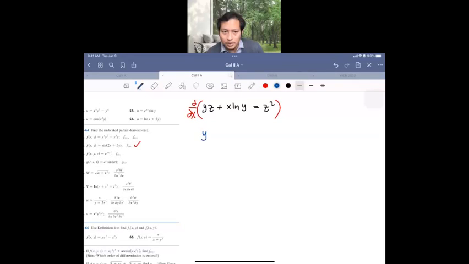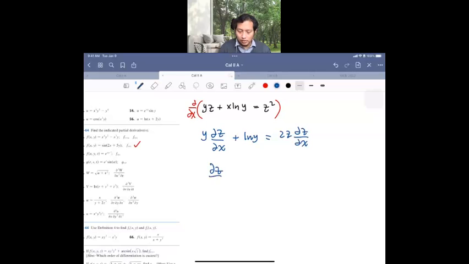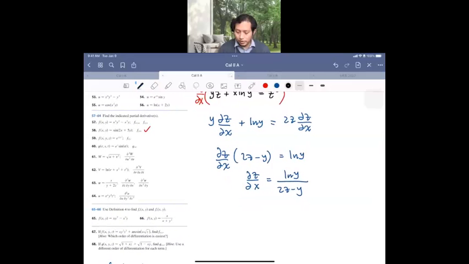So this becomes y ∂z/∂x, and this becomes ln y, plus ln y, and this becomes 2z ∂z/∂x, and we can put the 2z minus y equal ln y, and then ∂z/∂x becomes ln y over 2z minus y.